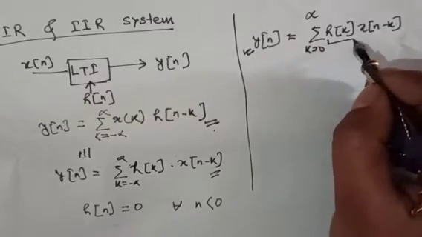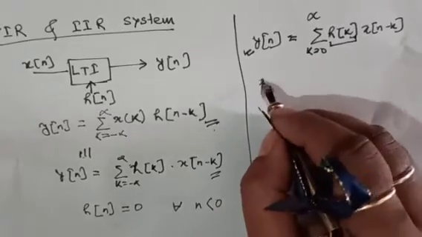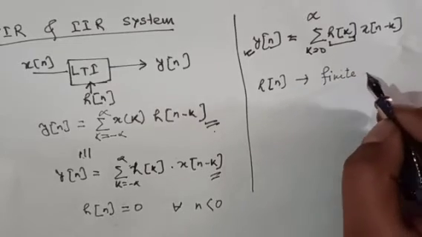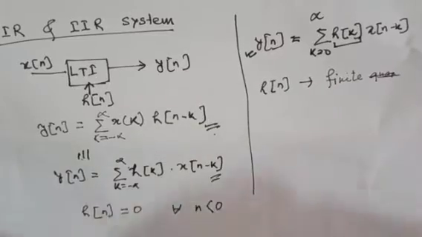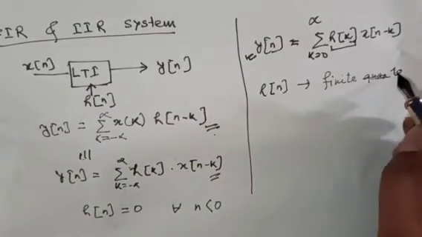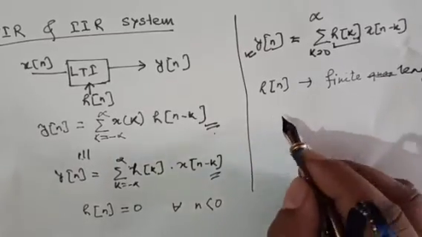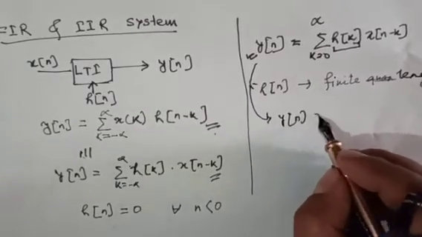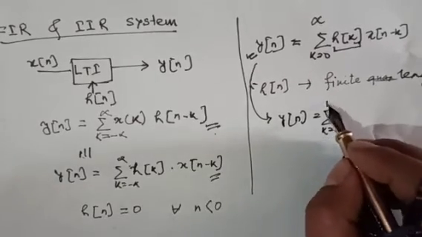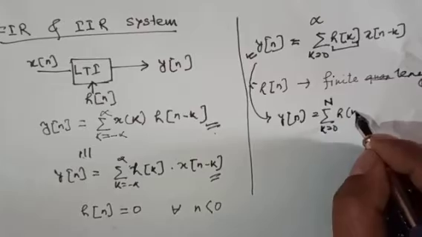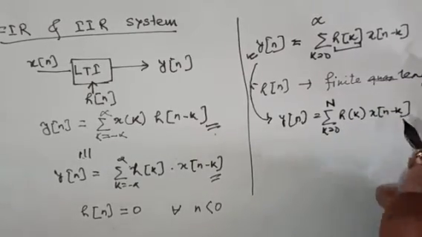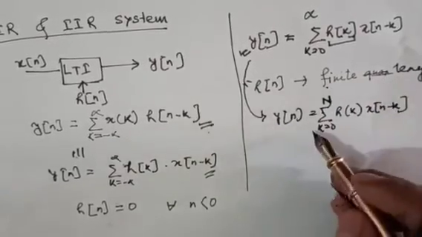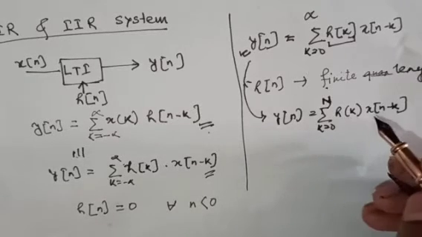Now depending on this h of k, or say h of n, if h of n is a finite quantity, a finite length sequence, then y of n can be written as the sum over k from 0 to capital N of h of k into x of n minus k, where capital N is this finite length.